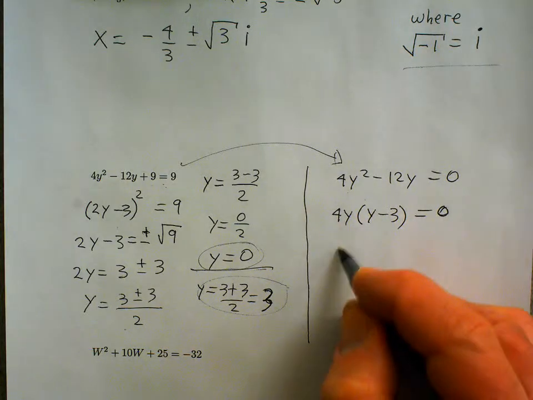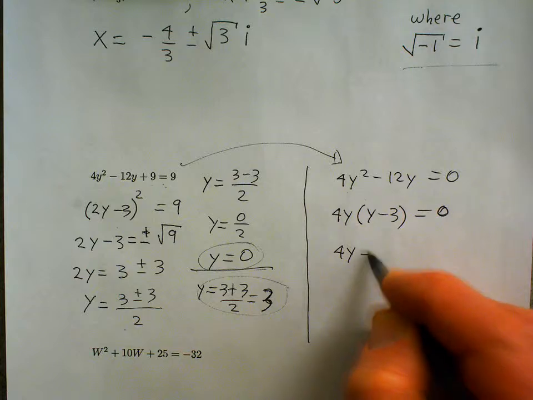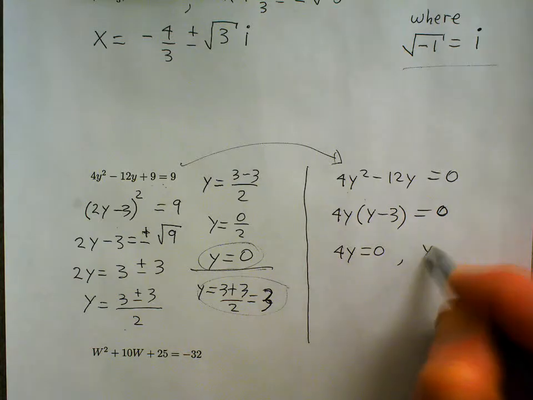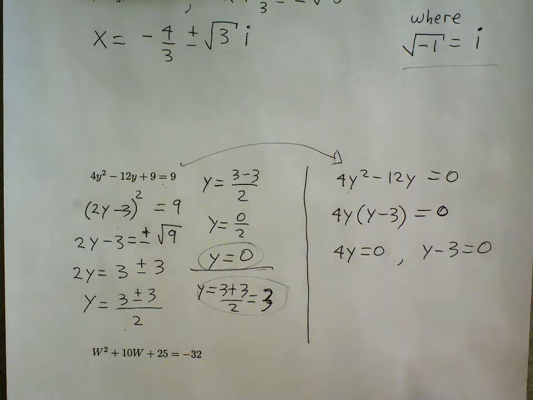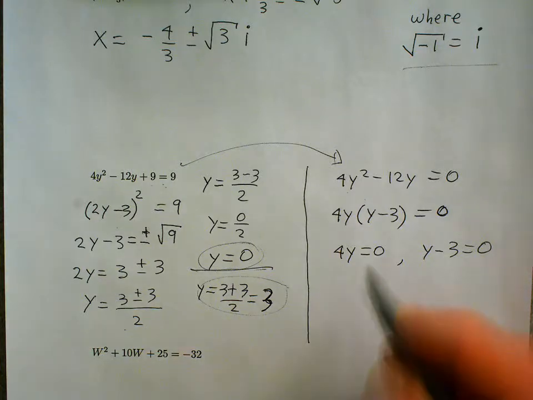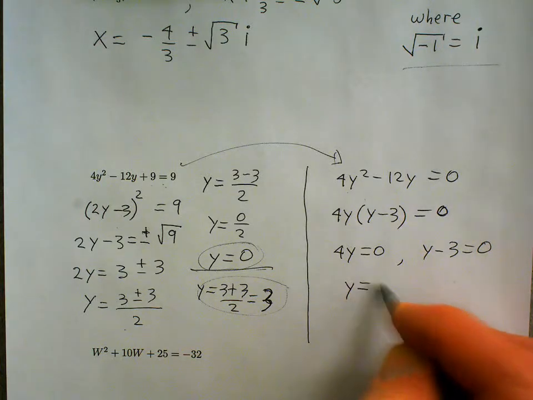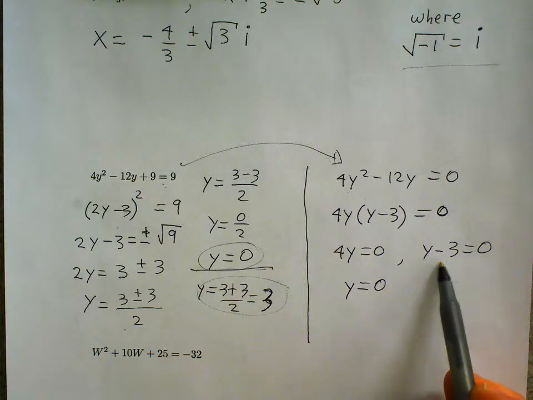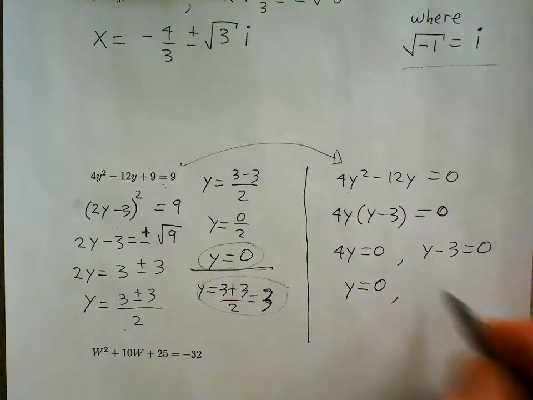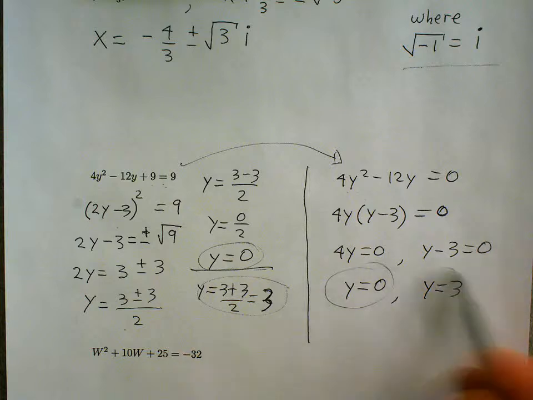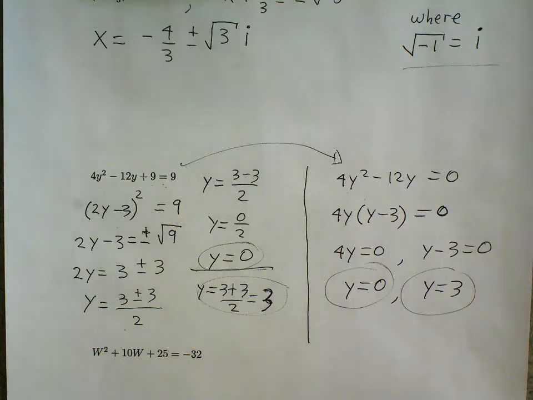Then set each factor equal to 0, 4y equals 0, and y minus 3 is 0. If 4y is 0, divide both sides by 4. 0 divided by 4 is 0. And then for the other one, add 3 to both sides, we get y equals 3. So either way, we get the same solutions, as we should.